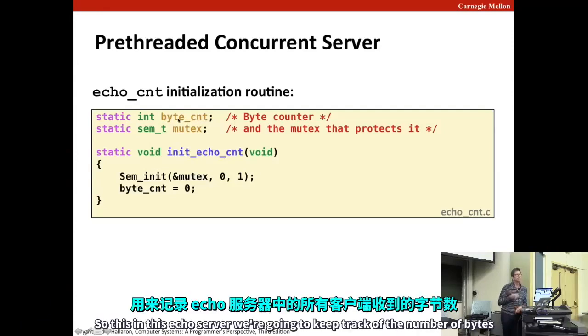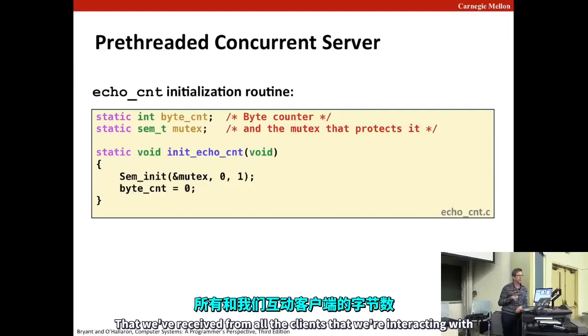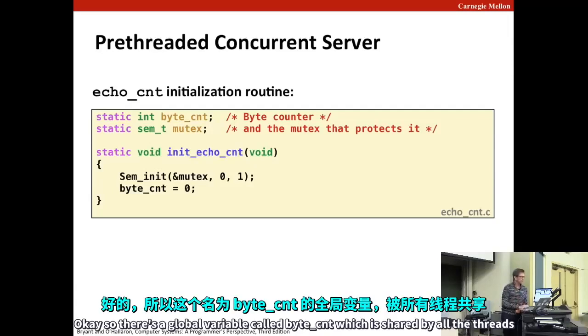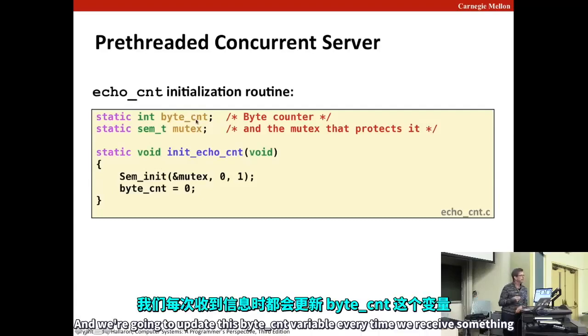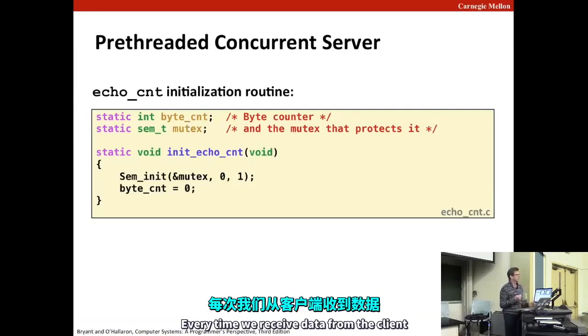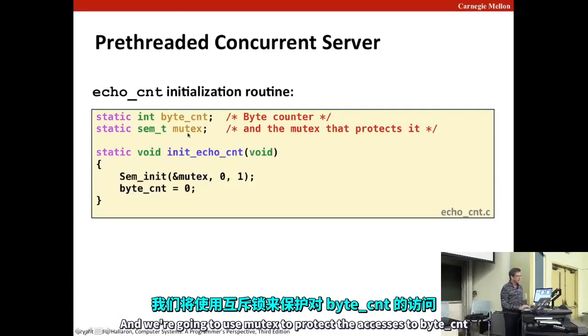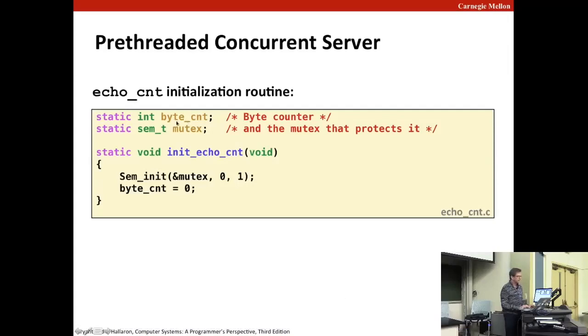In this echo server, we're going to keep track of the number of bytes that we've received from all the clients that we're interacting with. So there's a global variable called byte count, which is shared by all the threads. And we're going to update this byte count variable every time we receive data from the client. And we're going to use a mutex to protect the accesses to byte count.